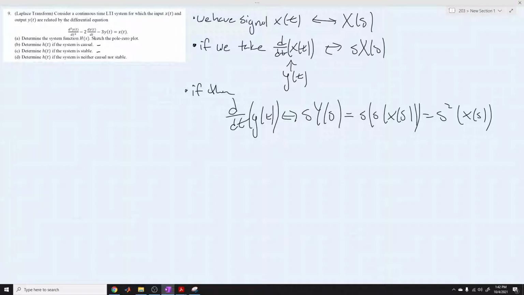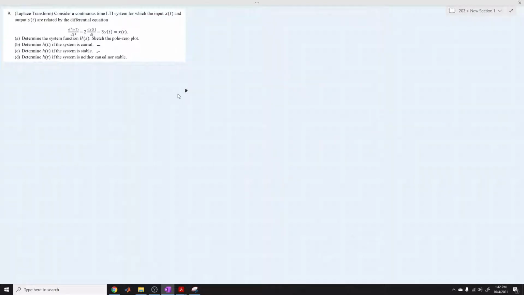With that out of the way, we can get to it, and we'll start up here. So we have the second derivative of y with respect to time, minus 2 times the derivative of y with respect to time, minus 3 times y, and that's equal to x of t.